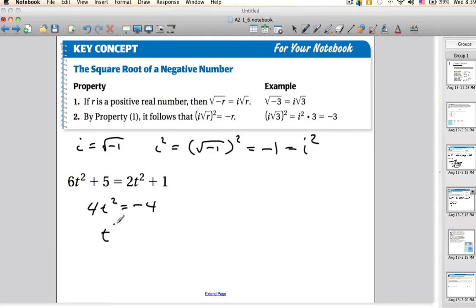Then I'm going to divide by 4, and then I'm going to take the square root. So t would be equal to plus or minus the square root of negative 1, so that would be plus or minus i. Okay, so again, one new wrinkle, and that's the concept that we can factor out this negative 1.